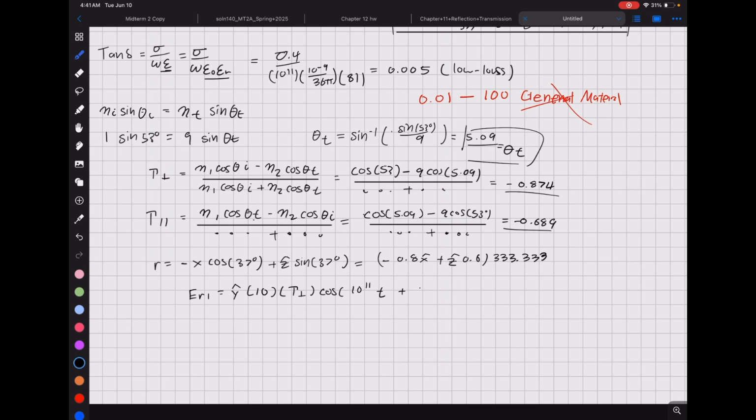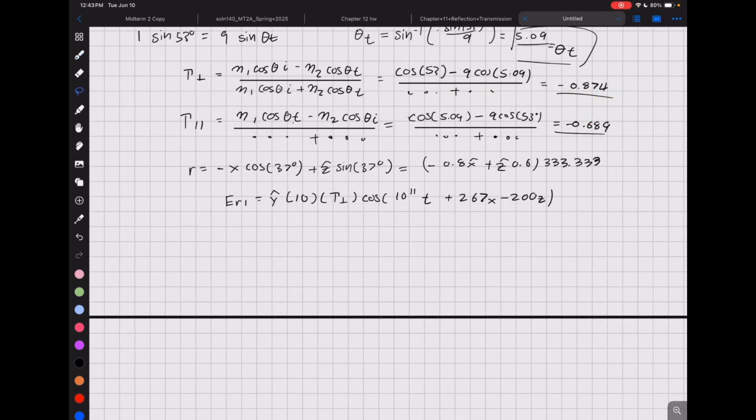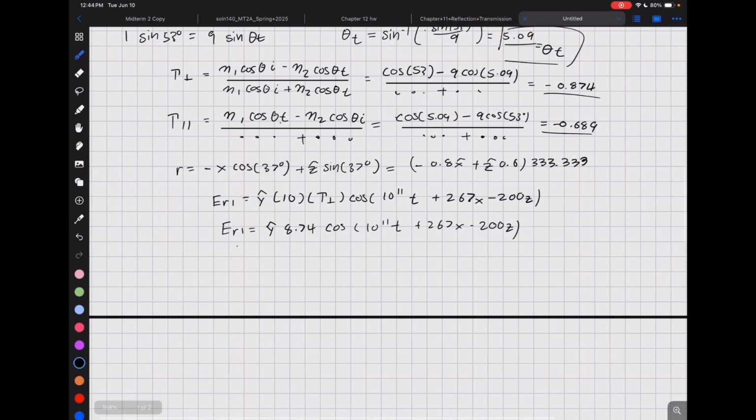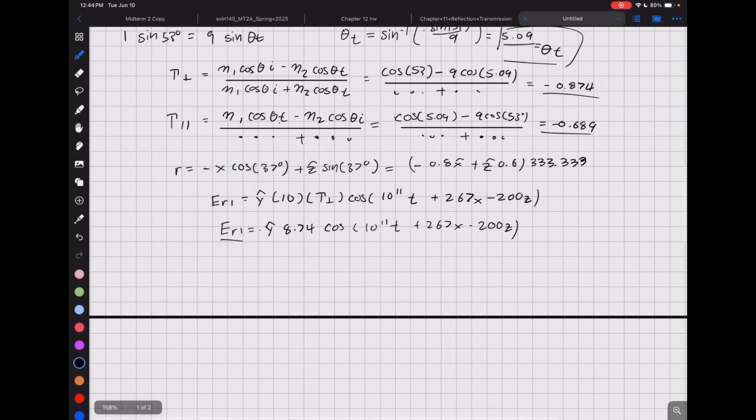Because they're in phase, all of this is going to be the same, minus 200z. Doing the math, E reflected 1 would equal y hat 8.74 cosine 10 to 11 t. So that's our E reflected 1, negative, because of the perpendicular gamma.